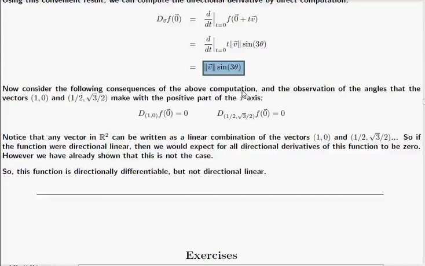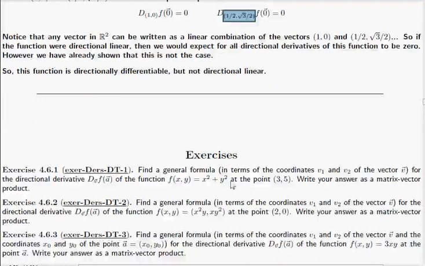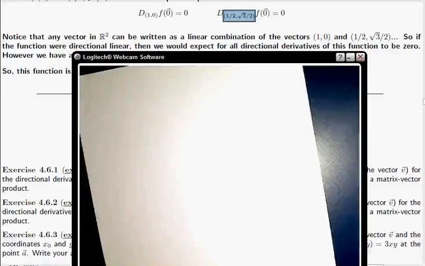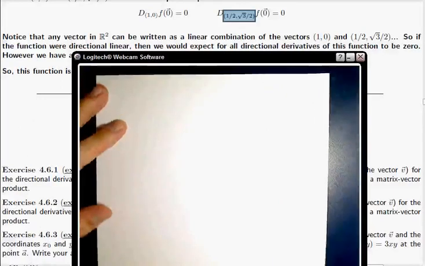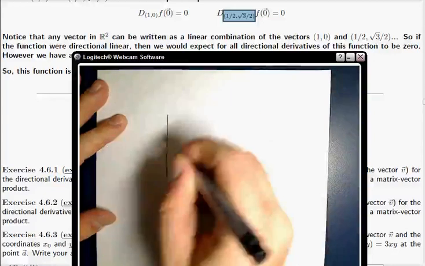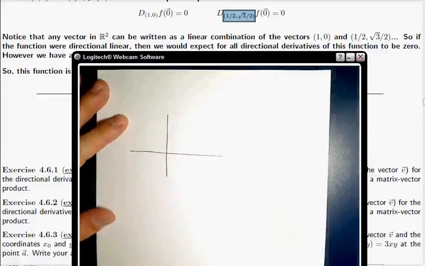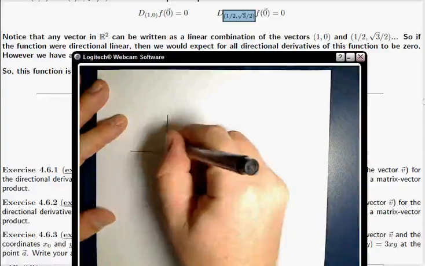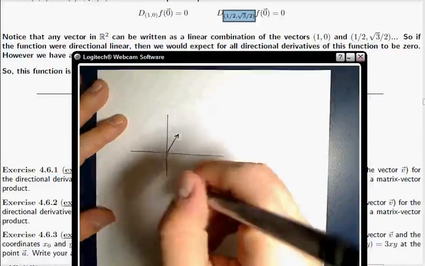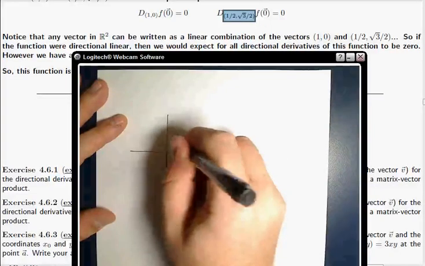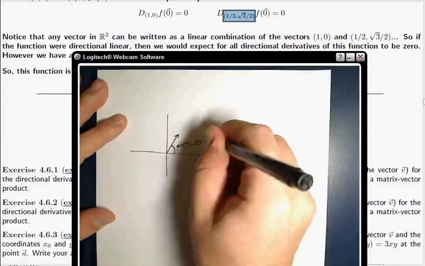I don't understand why the directional derivative of that second vector is equal to 0. Why is this equal to 0? Okay, let me draw a picture. So let's look at that vector, 1/2 and then root 3 over 2. That's a vector about like this. In fact, that's a vector where theta is pi over 3.